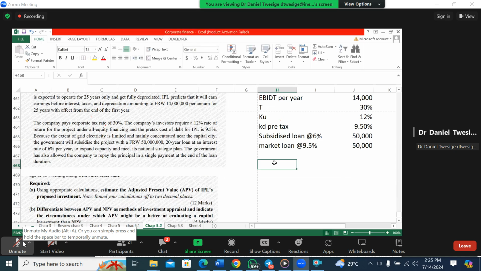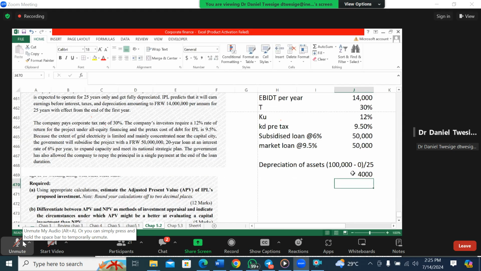We need to get the depreciation of the asset, which is 100 minus 0 divided by 25.